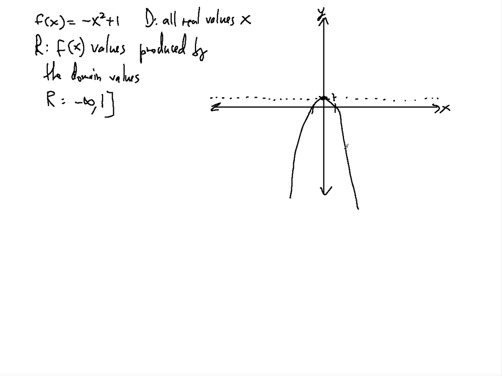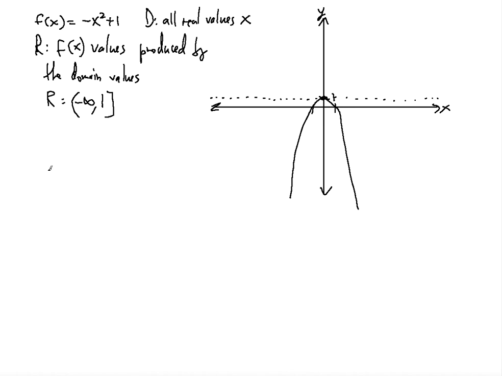So for this reason, negative infinity must be parenthesized like this, because infinity is not a number, so it's not bracketed, it's not an included number. Infinity is not a quantity. So this is typically what range is. Sometimes definitely graphing helps you figure it out.